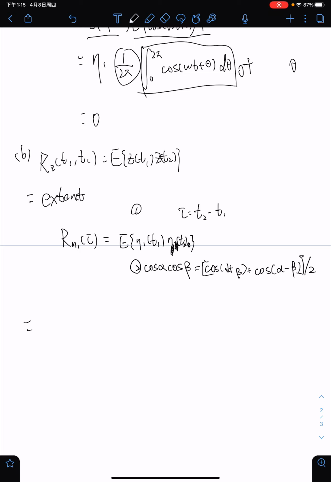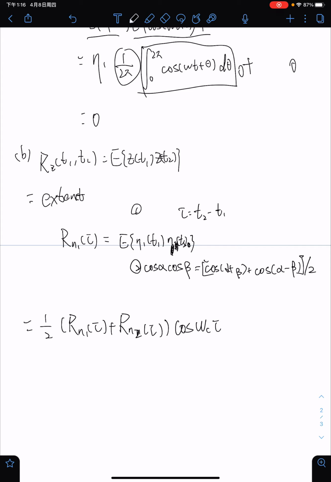The result is half of r sub 1 tau plus r sub 2 tau cosine tau.